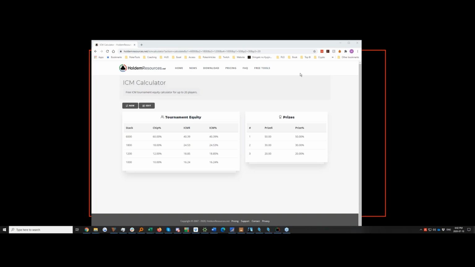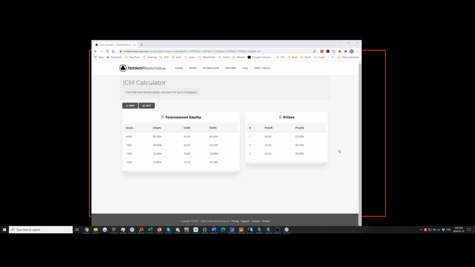So if each player pays $10, you have 10 players, the total prize is $100. Now, in a 10-player sit and go, only 3 players will get paid. First player will get $50. Second place will get $30, and third player will get $20, for 20% of the prize pool. Fourth place will not get any money, right?